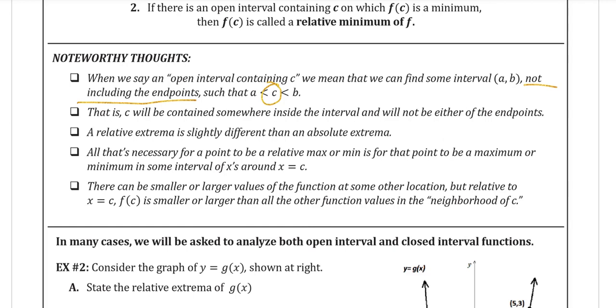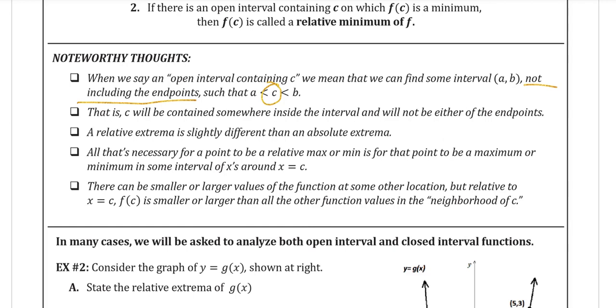A relative extrema is slightly different than absolute extrema, and all that is necessary for a point to be a relative min or max is for that point to be a maximum or minimum around the area of that x. So that's why it's relative, because it depends on how far away from that point you move. Depending on that, it might be a maximum in one little section of the graph, but if you use a larger interval, it may no longer be the relative maximum.